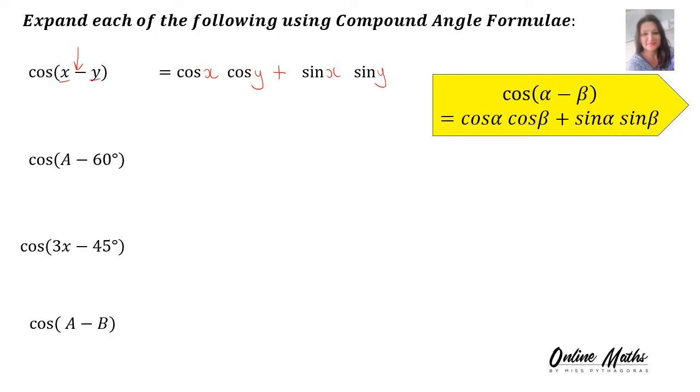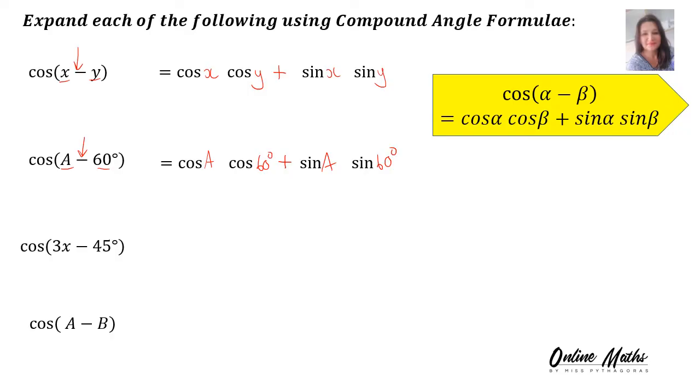The second one, cos A minus 60 degrees. The pattern, cos cos, sin sin. The angles are A and 60, so you write A 60, A 60. And when this is a minus, this is a plus.